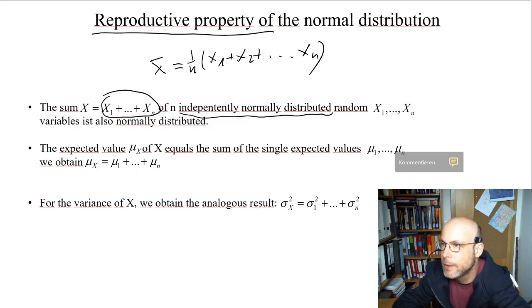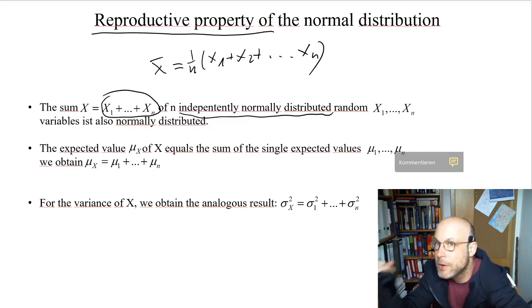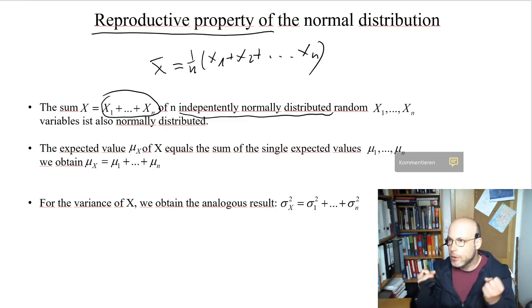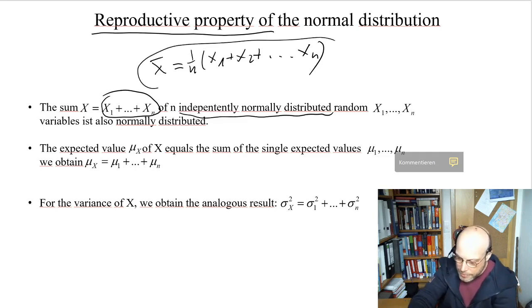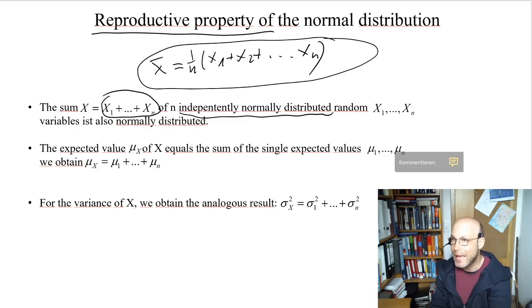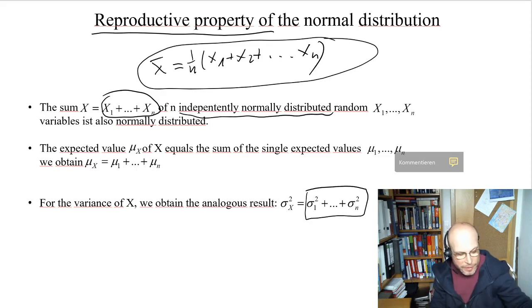So it is so important, because we can say if our random variables are normally independently distributed, then also the arithmetic mean is normally distributed. And what is even more important is that we can also sum up just the variances. And this is then a very simple mathematics we can do if we have these normal distributions.